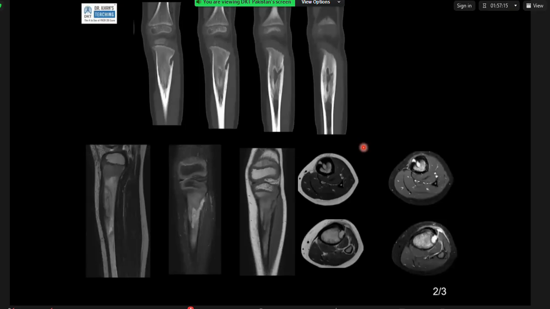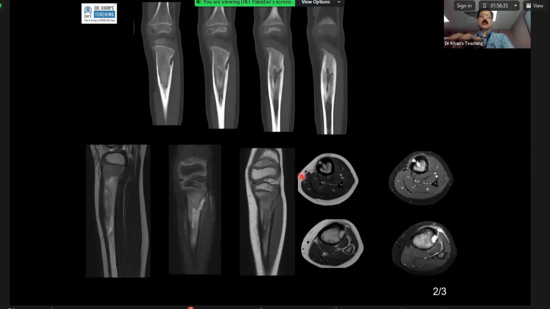On the MRI, I can see an ill-defined lesion with a hypointense rim on T1 weighted image and corresponding hyperintense signal on fluid sensitive sequences. These are both STIR on the axial. There is also a sinus tract communicating to the surrounding phlegmon. So appearances are those again of chronic osteomyelitis.